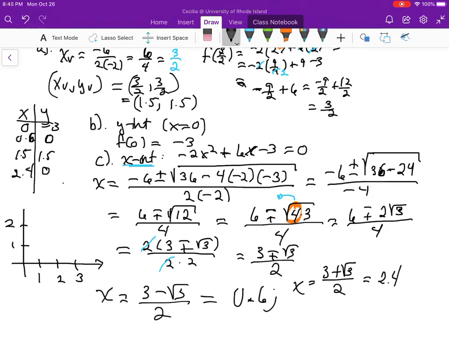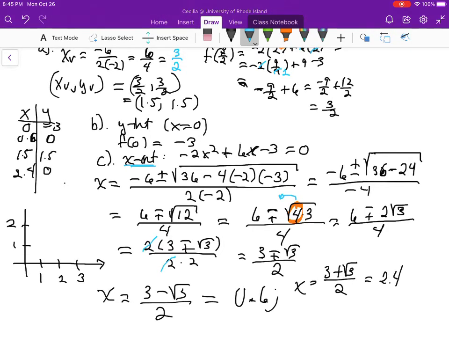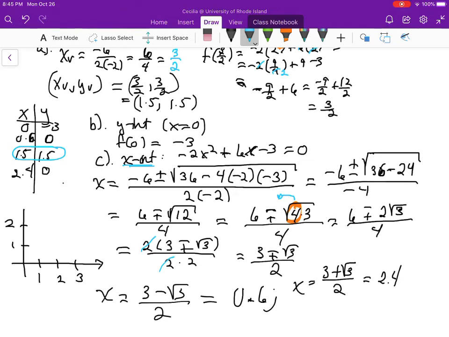Okay, so the first point I always like to put is the vertex, the 1.5, 1.5. So that goes right in between 1 and 2 on both the x and y axis. All right, now I realize that we need our y-axis to come down to -3.